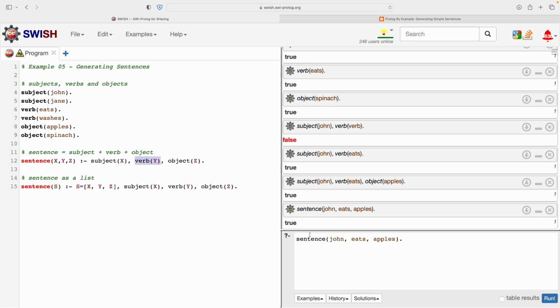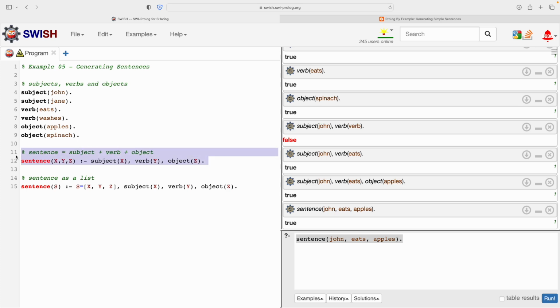Verb Y, what's Y? Eats. There you go, that's true. And object Z, Z is apples. Object apples is true. So that works. Let's draw a picture just to run over that. If you get it, fine, just skip forward a little bit. If you're struggling, I'll draw that out in terms of writing, just to have a second go at it.